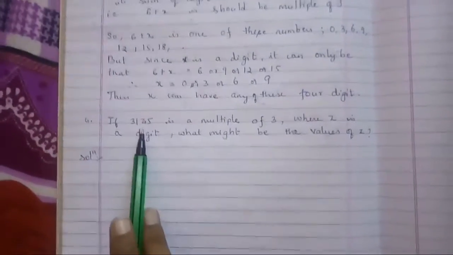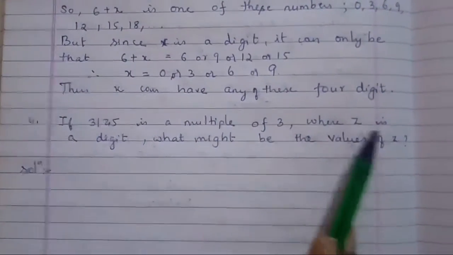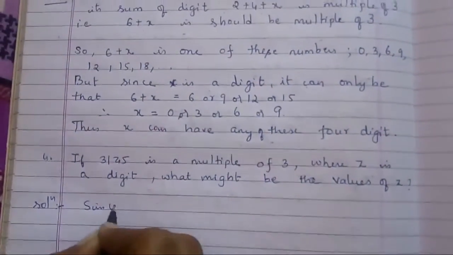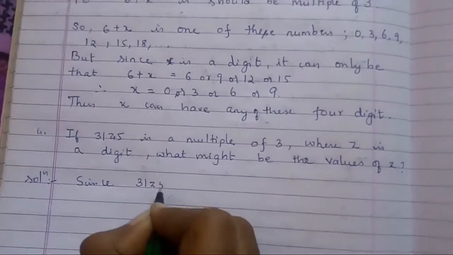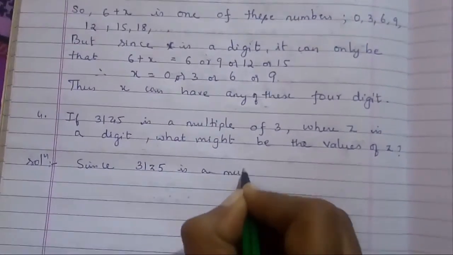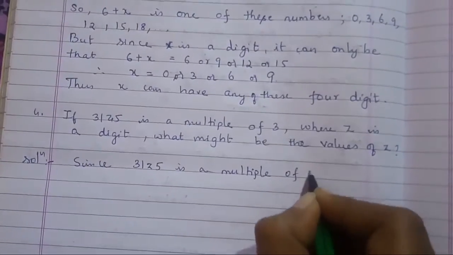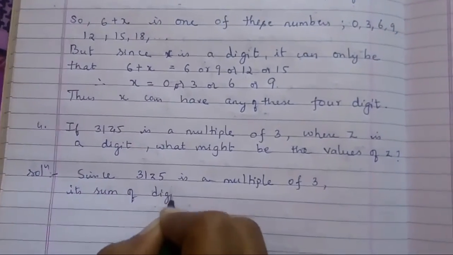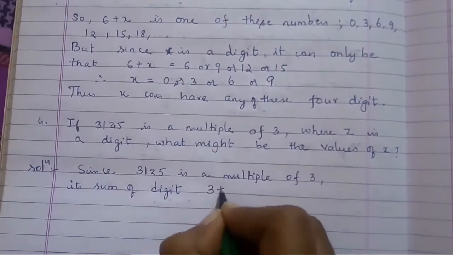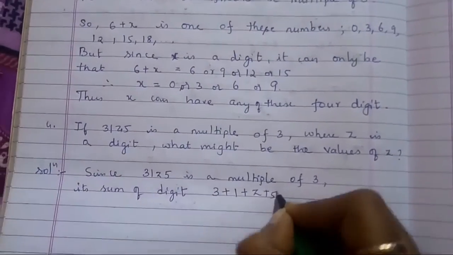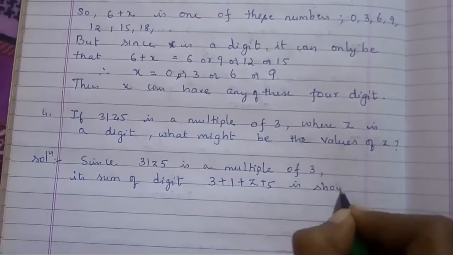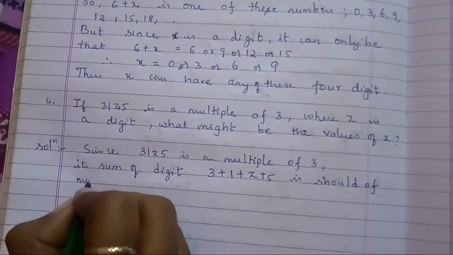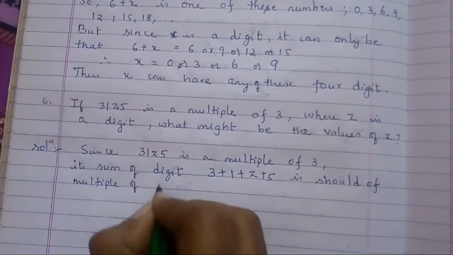Fourth problem: if 31z5 is a multiple of 3 where z is a digit, what might be the value of z? Since 31z5 is a multiple of 3, its sum of digits can be written as 3 plus 1 plus z plus 5, and it should be a multiple of 3.